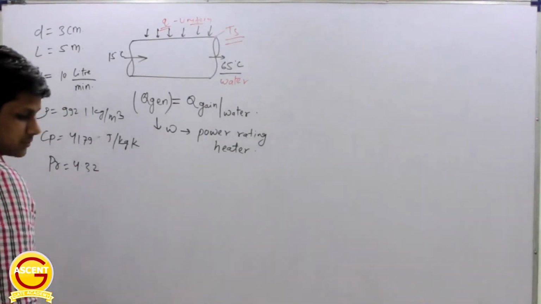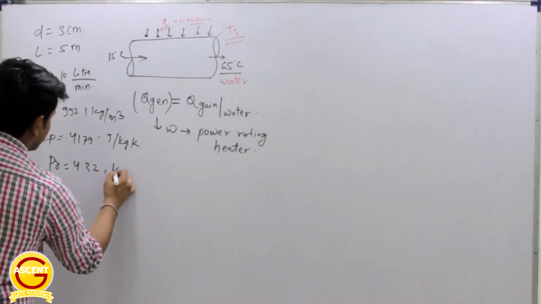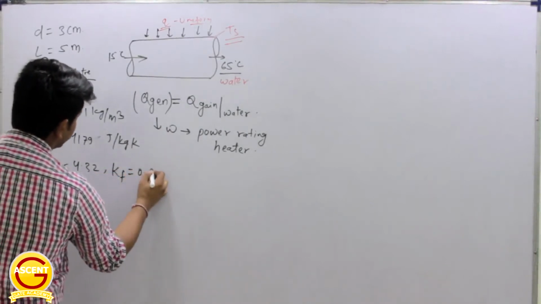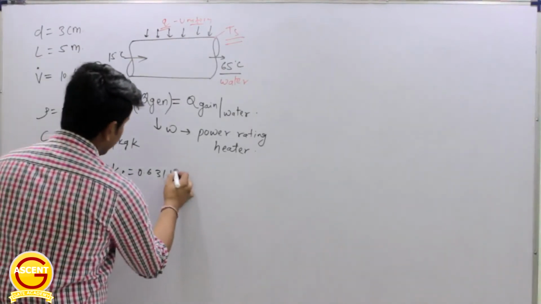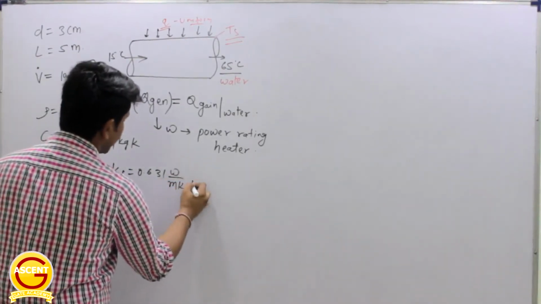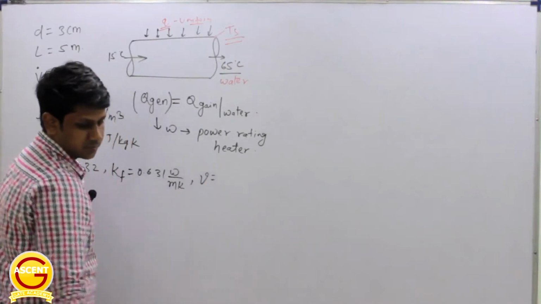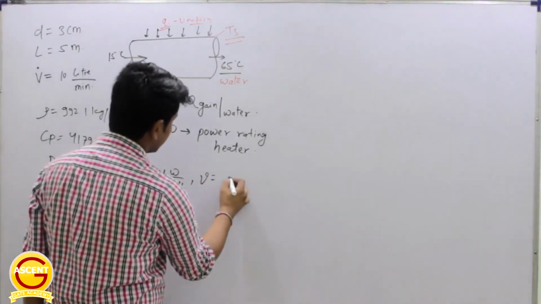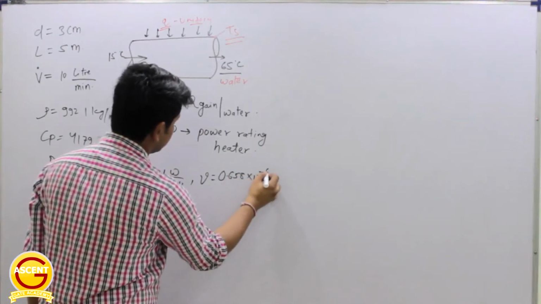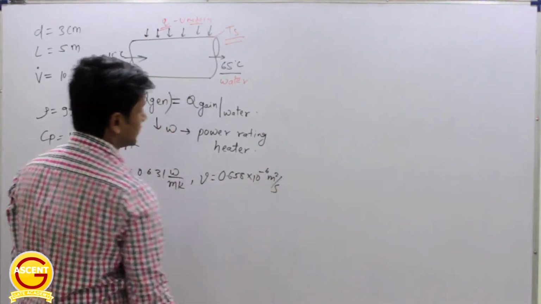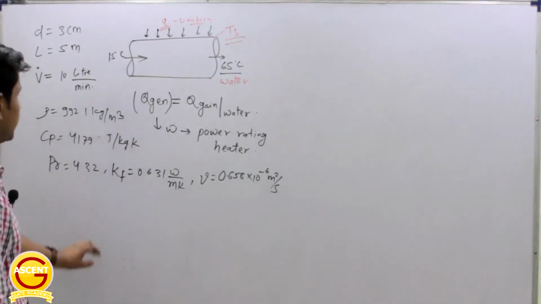Thermal conductivity is 0.631, so k of fluid is given as 0.631 watt per meter Kelvin, and nu, which is the kinematic viscosity, is given as 0.658 into 10 power minus 6 meter square per second, right? So these are the given data.